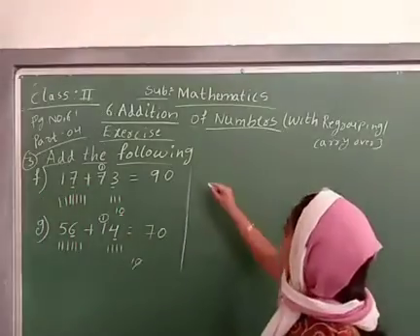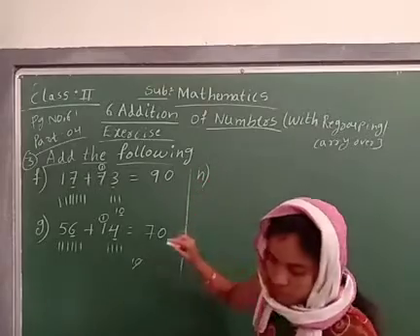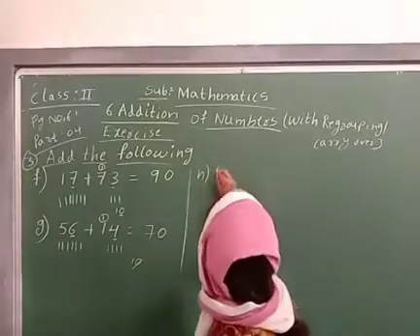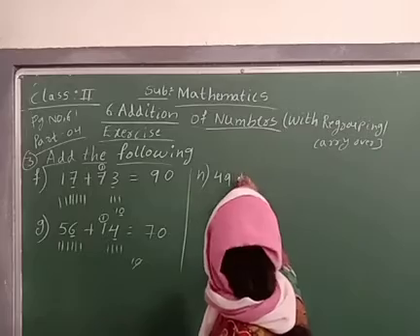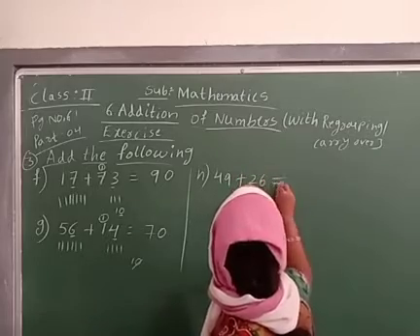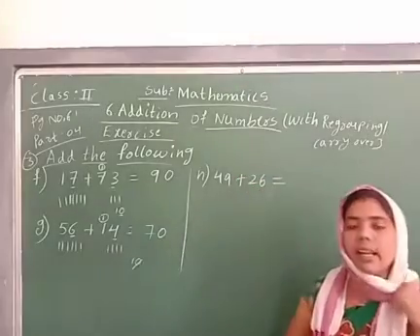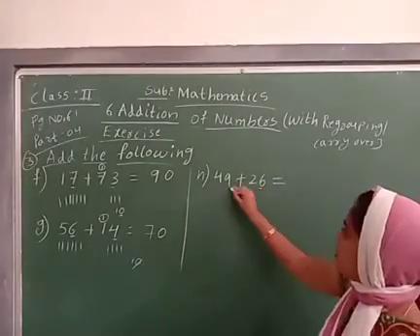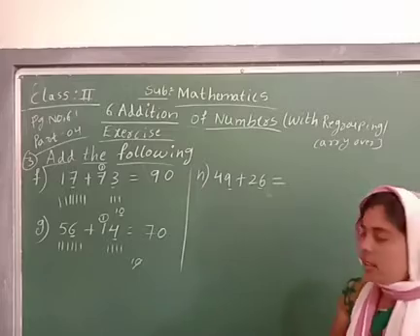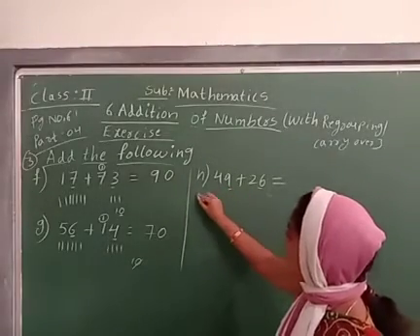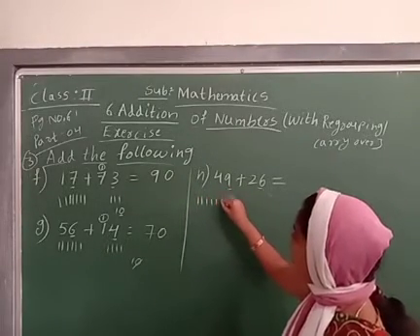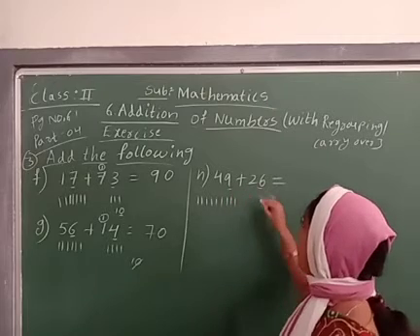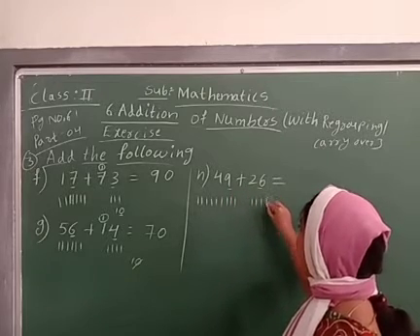Then H1: 49 plus 26. 49 plus 26. See here, 49 plus 26. 6, 9. Ones place numbers only. 1, 2, 3, 4, 5, 6, 7, 8, 9. Here 1, 2, 3, 4, 5, 6.